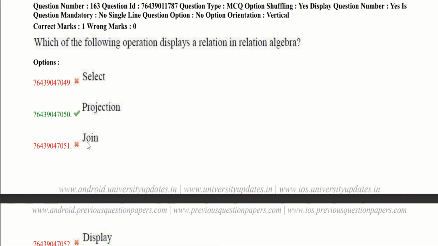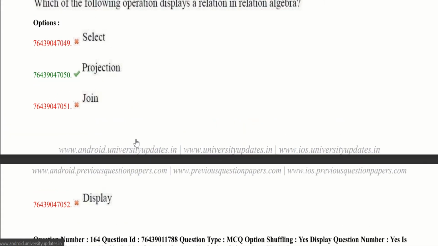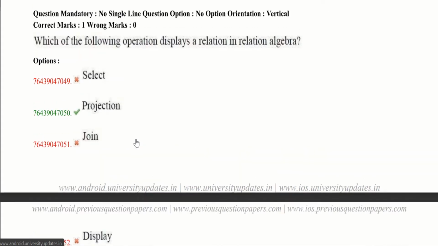Now join. Join is used for joining the tuples of different relations, so it's not the correct option. Next is display. Display is not at all a relational algebra operation. So the remaining one is projection, so this will be the correct option. Use this technique when you don't get the answer or are confused in the exam.